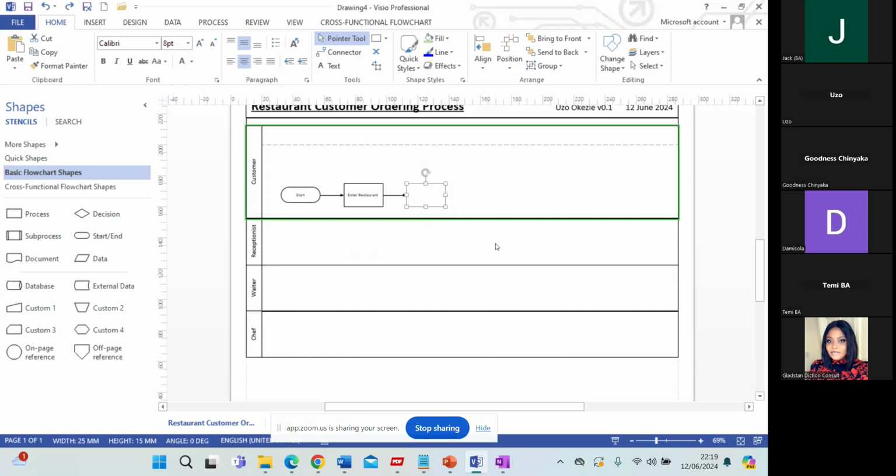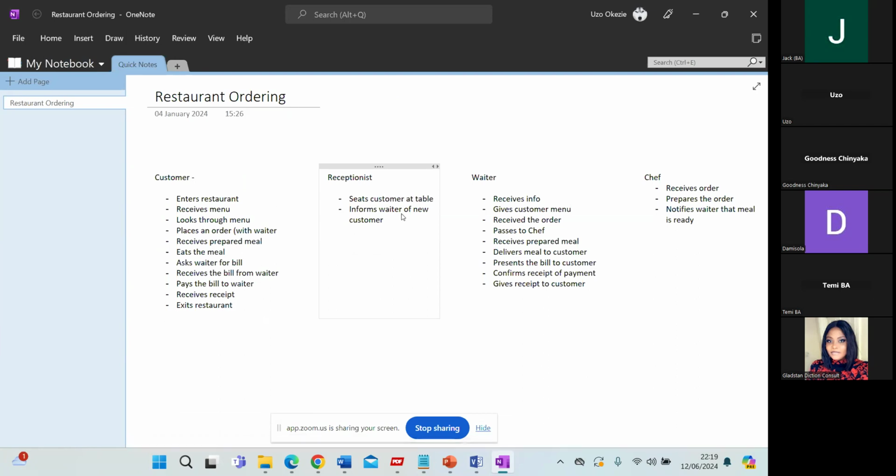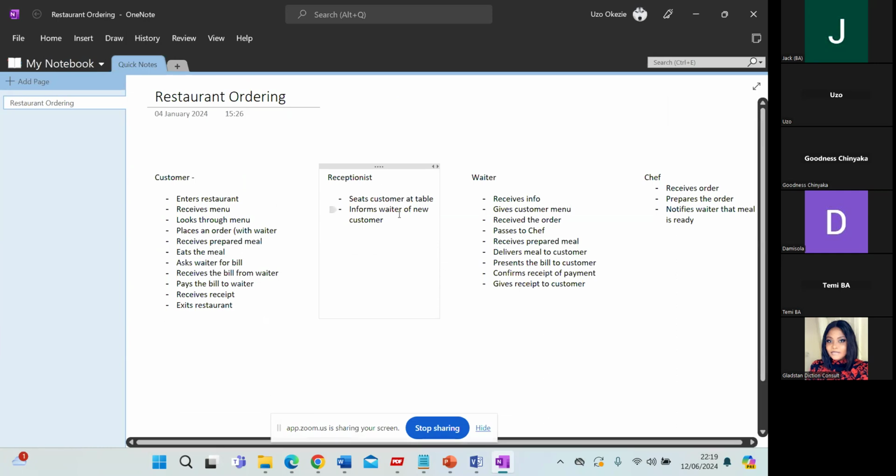Do we remember what the next step is? Let's go to the next step. So the receptionist seats customer. Remember, the tense has to be correct. So it was seated at the table, but it's actually seats customer at the table.